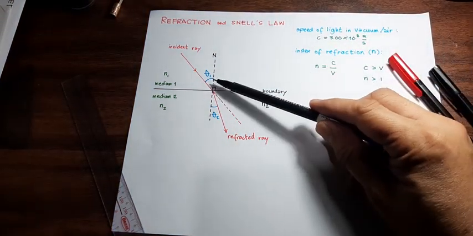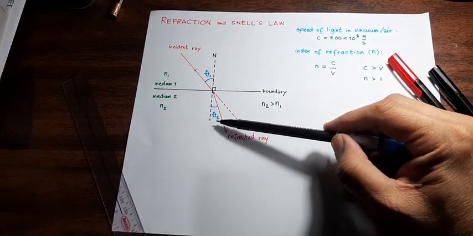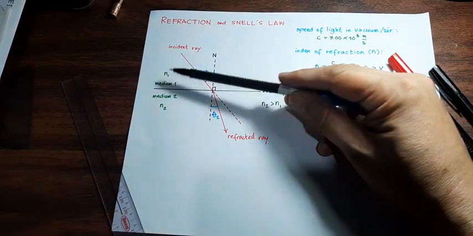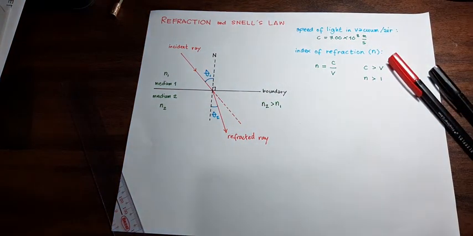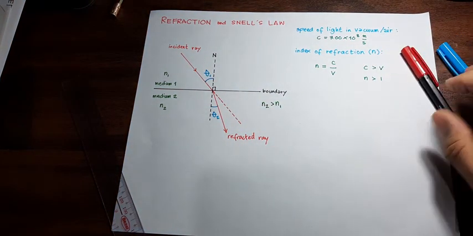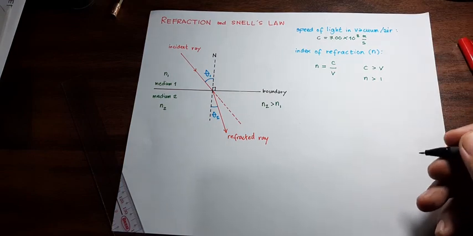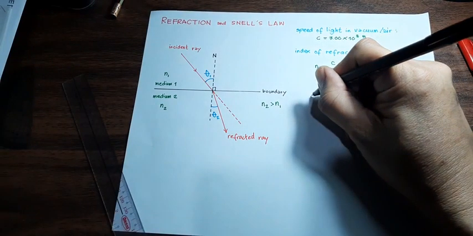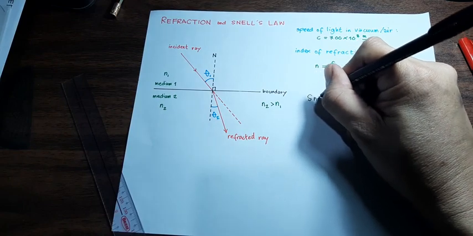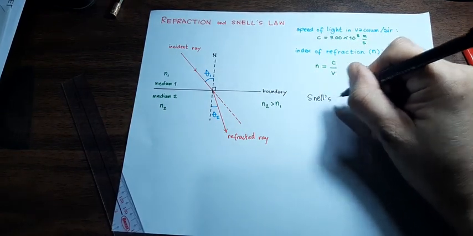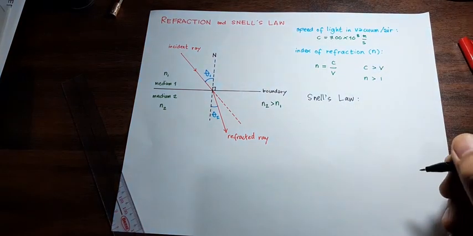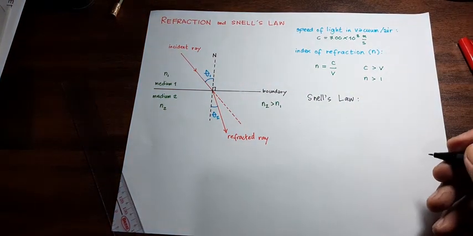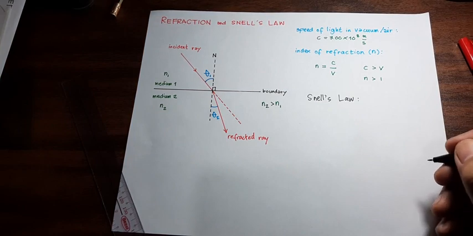Now the angle of incidence, the angle of refraction, the index of refraction of medium 1, and the index of refraction of medium 2 are related by the law of refraction known as Snell's law, proposed by Willebrord Snell, a Dutch astronomer and physicist, in 1621.